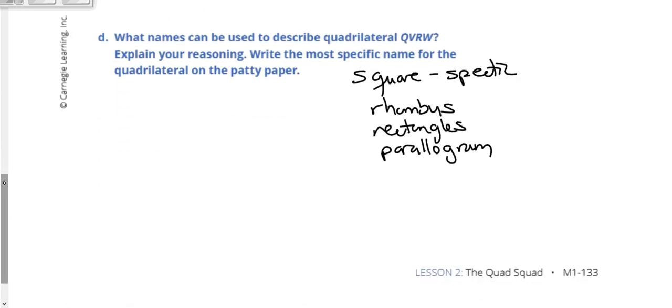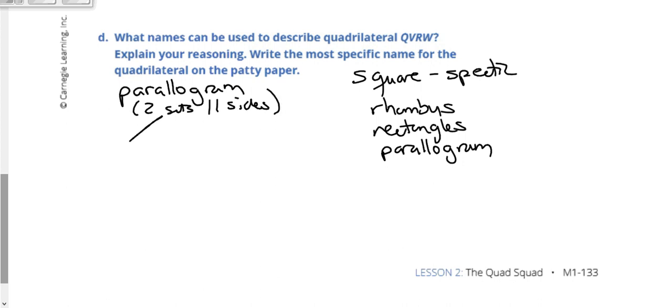So if we were going to look at this in a big picture sort of thing, everything falls under being a parallelogram, because for a parallelogram, all you need is 2 sets of parallel sides. Then from a parallelogram can come a rhombus. All you need for a rhombus is 4 equal sides.